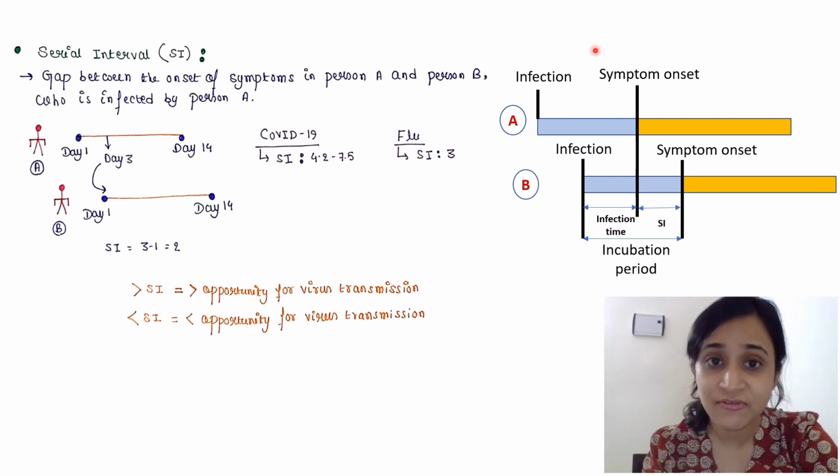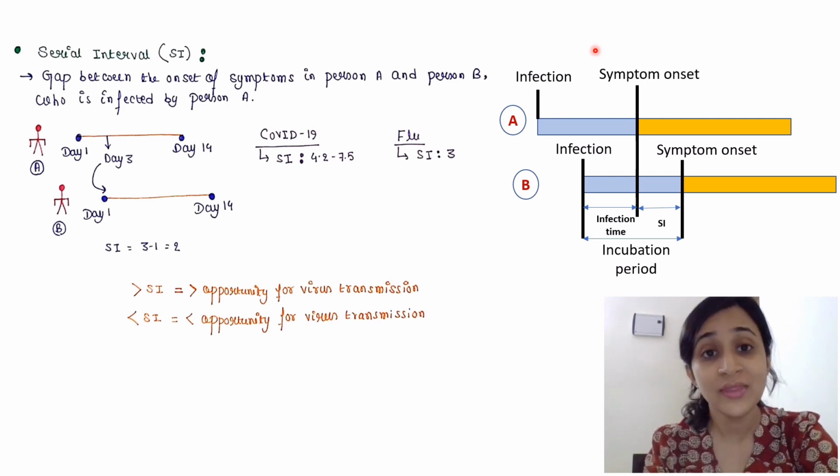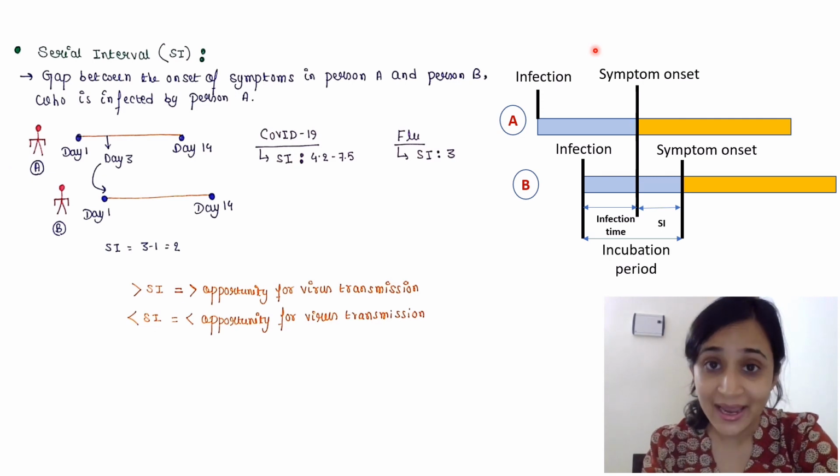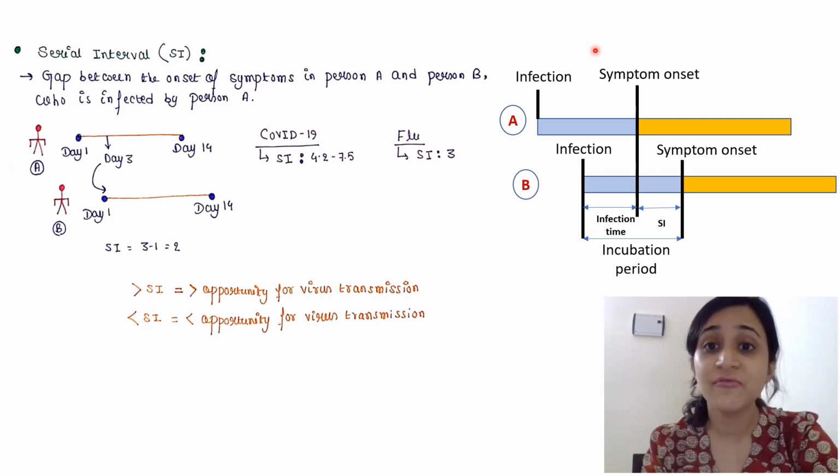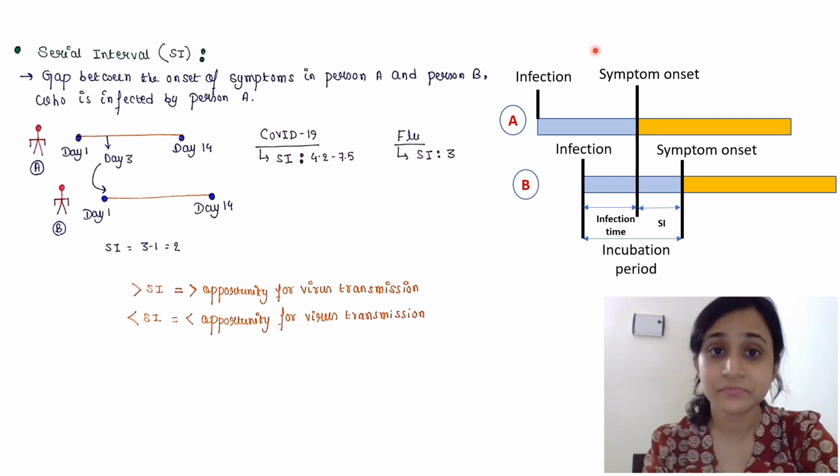When we get infected by the virus, we don't show any symptoms on that very day. The virus needs to replicate in our body to make us sick. It takes time, and this time varies depending on the viral strain and type.